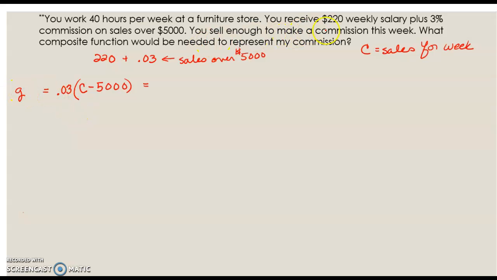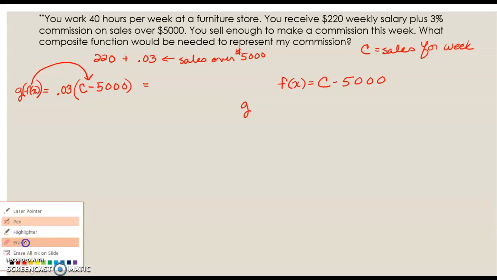So if I had to do this for an SAT where I would need to do it, I would work backwards. What does it mean? So I would have g of f of x to get to this point, which would mean my f of x would be c minus 5,000. Actually, it's an f of c. So that's going to be f of c, and we can get this done.